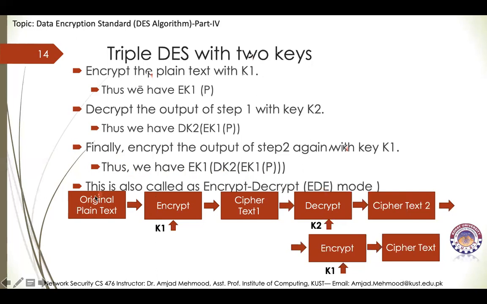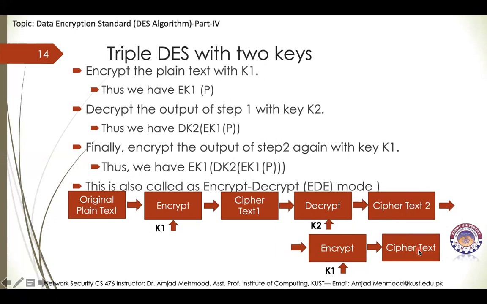So here you can see that you have the original text, and you apply DES using K1. You will get the ciphertext, and then DES will be applied again but with a different key, so you will get the ciphertext, and then you apply the same key K1 to get the final ciphertext.